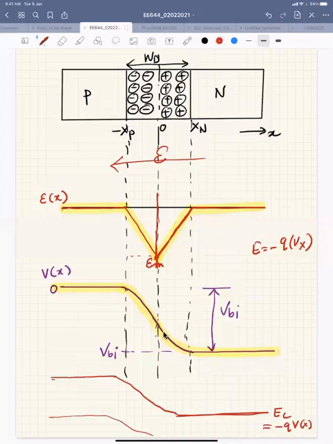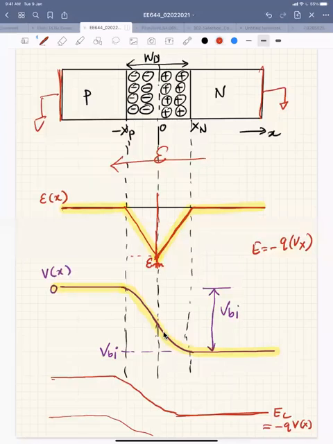I got your point, what you're asking. I'm not applying any voltage here, so this is zero, this is zero. If you have a PN junction and take a multimeter to measure the voltage difference between the two terminals, it is always zero if you're not applying voltage. But across the junction there is a voltage drop, and that voltage drop is VBI.